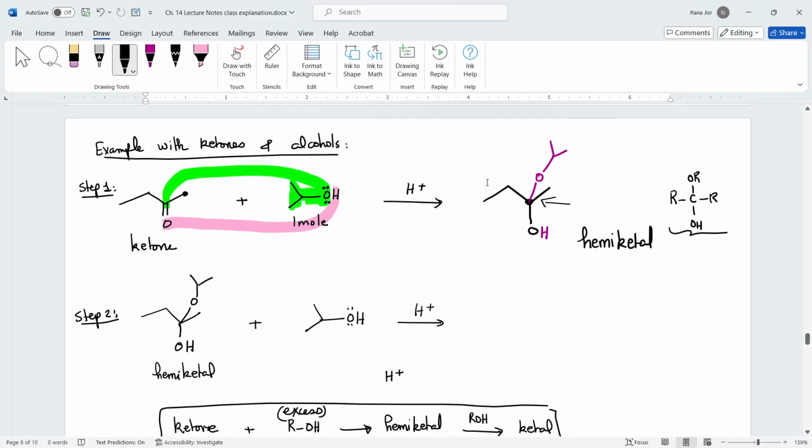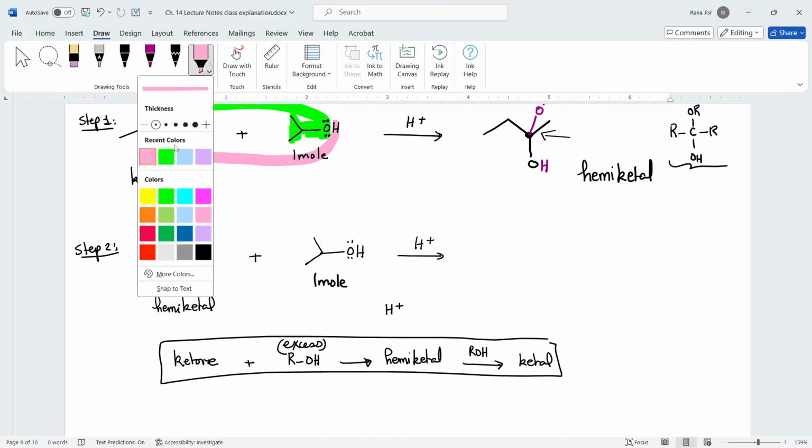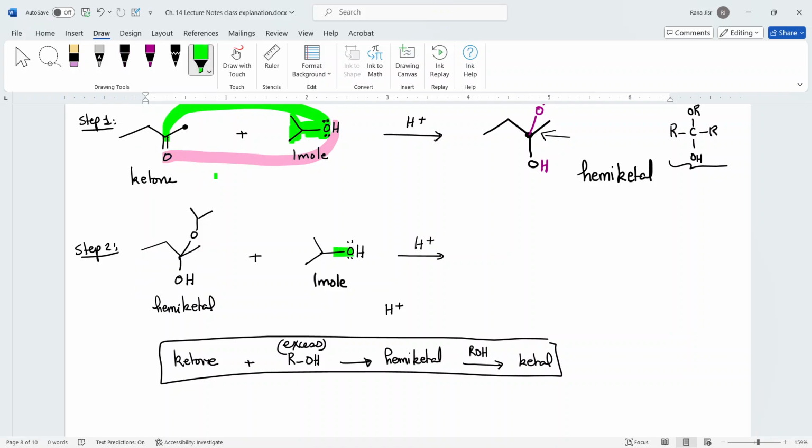Now the second step, I'm using another mole of that alcohol. So that is another 1 mole of that alcohol here. So I'm going to take my hemi-ketal and I'm going to react it again with the 1 mole. And I'm going to do the same in there as I did before. So that OR from the oxygen, it's going to add to the carbon.